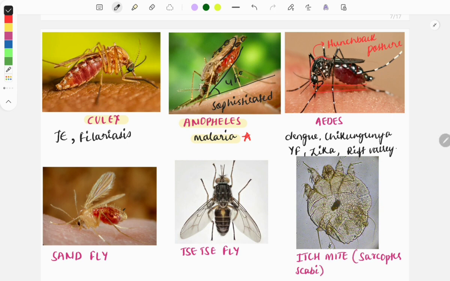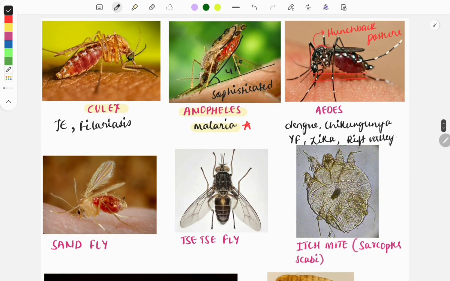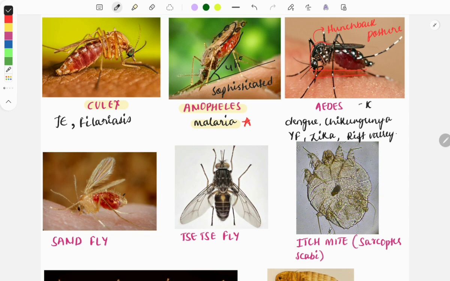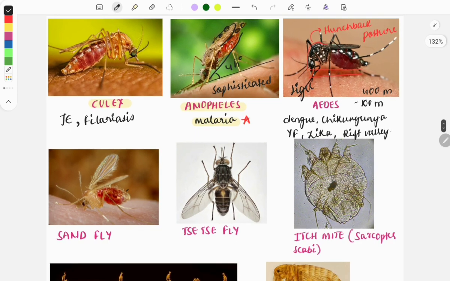The important points you must remember are that its flight range is 100 meters, and all airports are kept Aedes free for a distance of 400 meters. This mosquito is also called the tiger mosquito because it has white and black stripes on its body. So these were the three important mosquitoes and some points related to them.